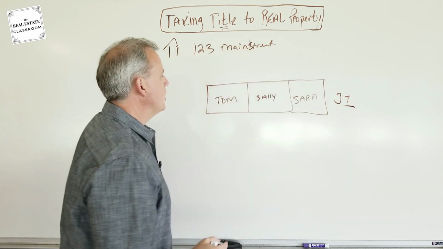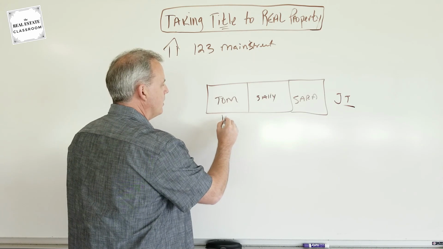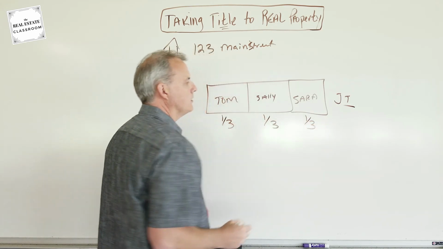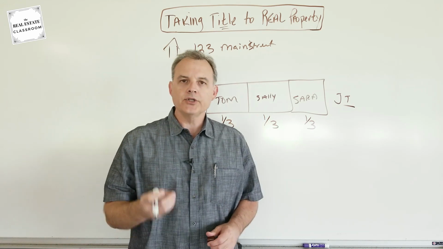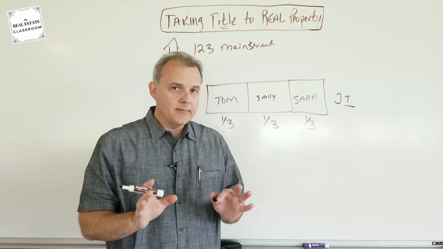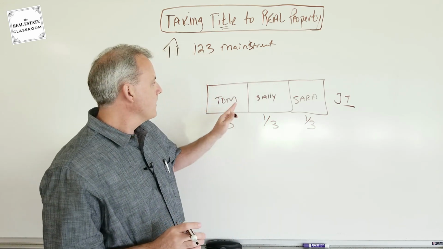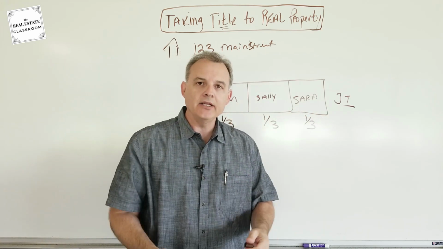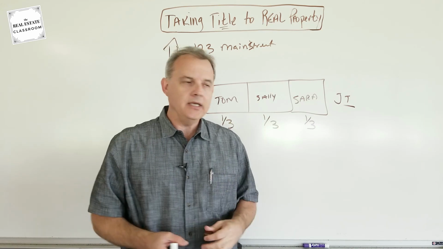Okay? So that means that they all own 1/3 or 33%. That is their ownership interest. And again, I'm going to keep beating this dead horse. If it's joint tenancy, you cannot have an undivided ownership interest, and they have to be equal.